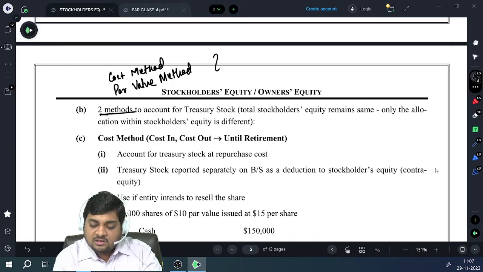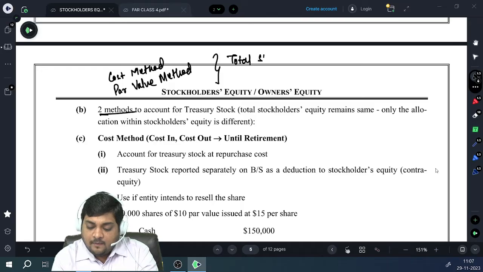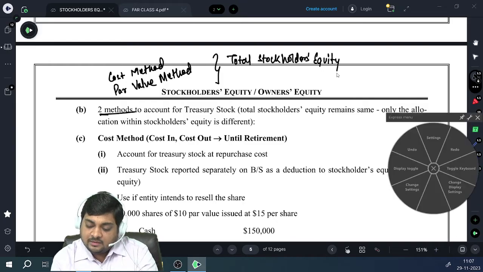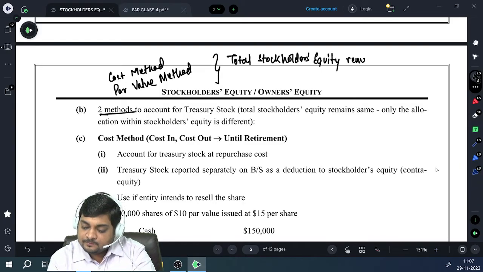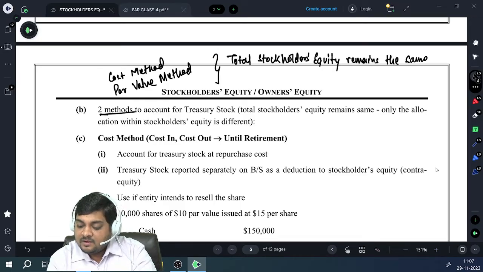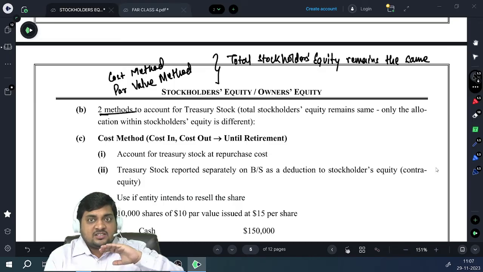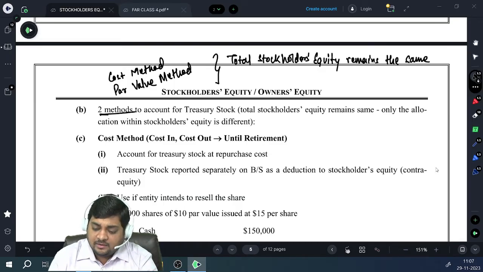Now under both of these, total stockholders equity remains the same. There's no change in total stockholder equity.